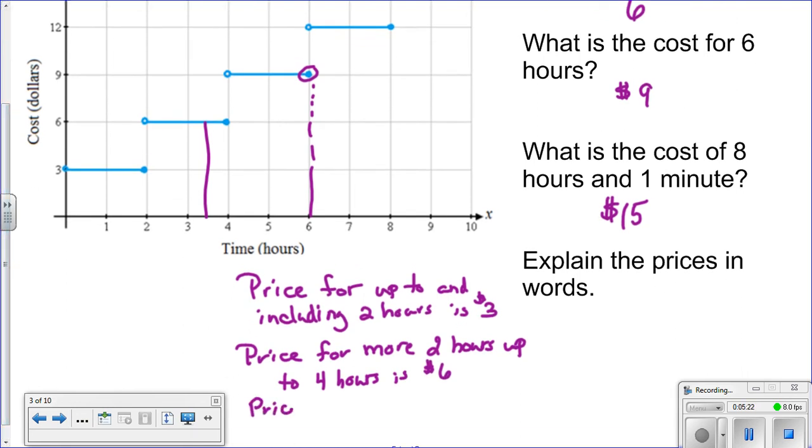The price, and I'm not going to go through the whole thing, for more than, I forgot the word than here. Makes a little bit of a difference.